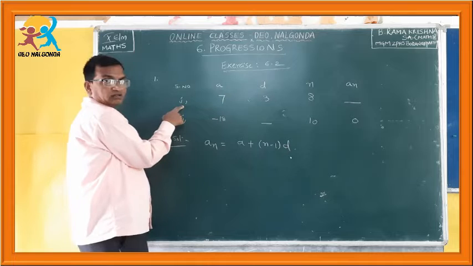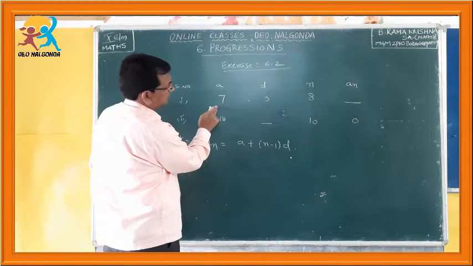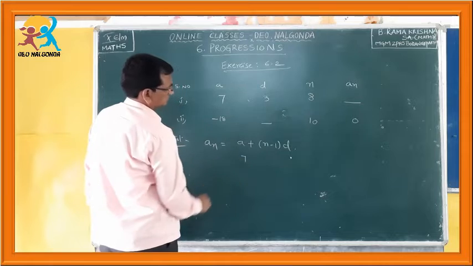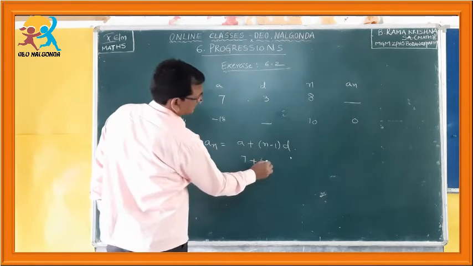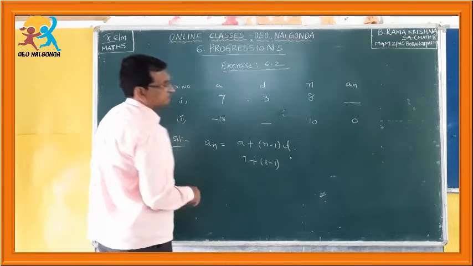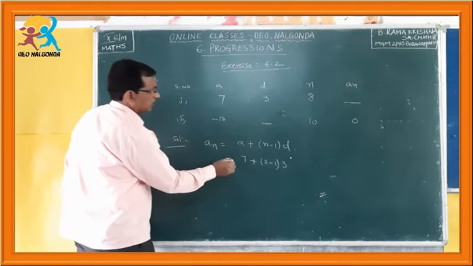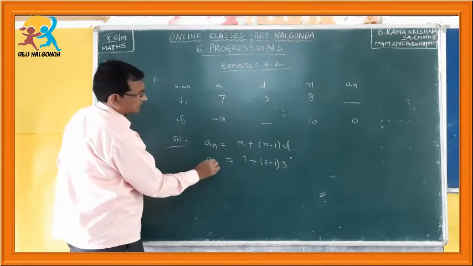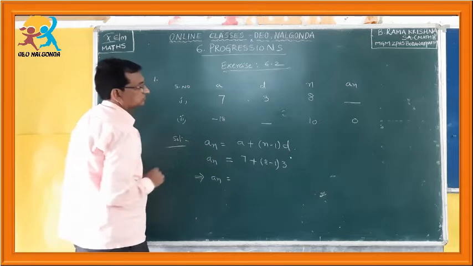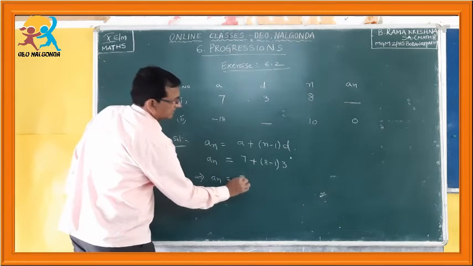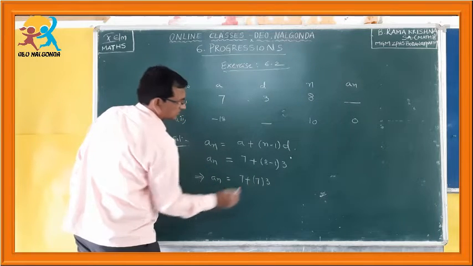In the first problem, A is given as 7, n is 8, d is 3, and you are required to find An. So An is equal to 7 plus (8 minus 1) is 7, 7 into 3 is 21.